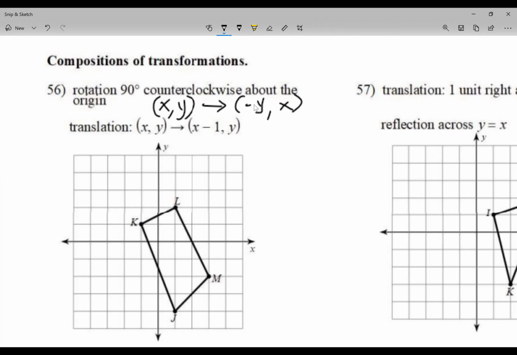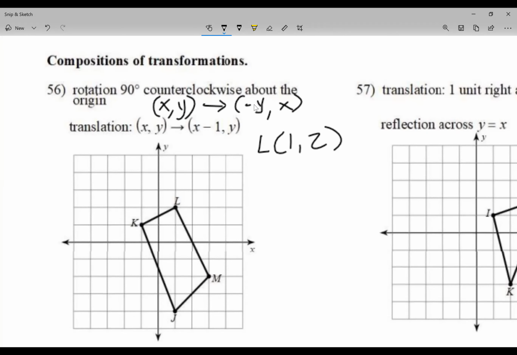All right, so I'm going to ask you guys on the homework for a specific point. Let's say on the homework, I ask you to follow point L. So I'm looking at point L. Right now the coordinates are (1, 2).